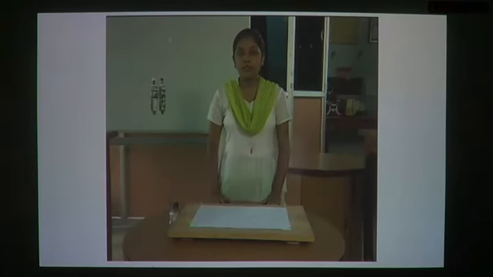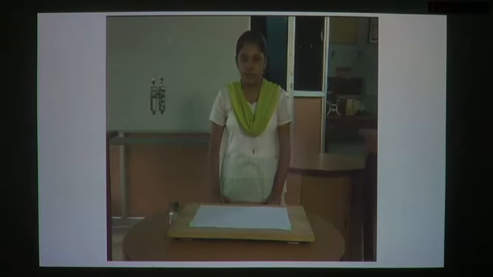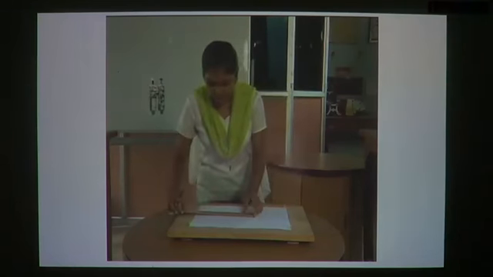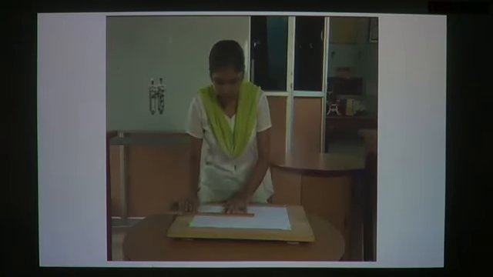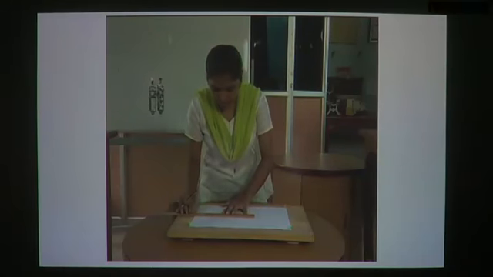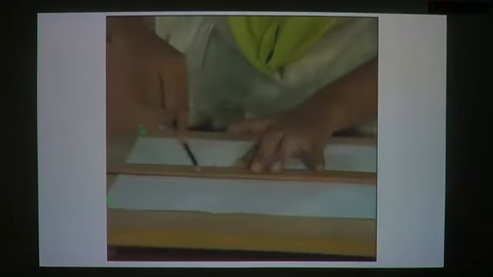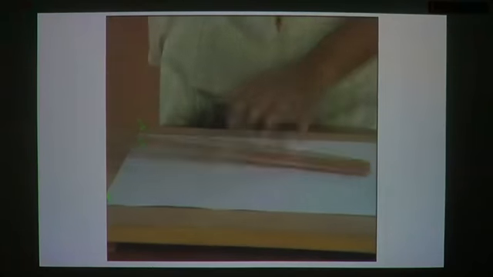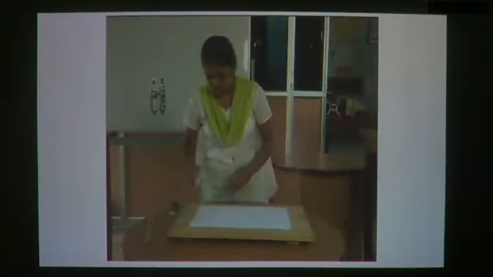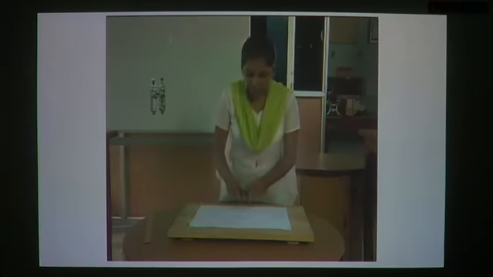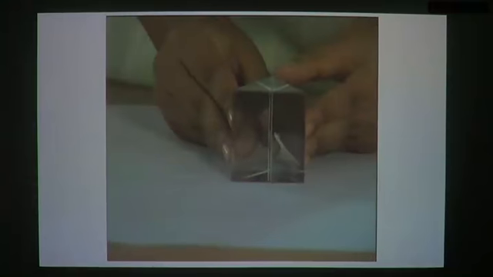Then the working procedure for measurement of the angle of minimum deviation of the prism. For that, first draw a straight line in the middle of the paper covering the whole page. Then put the base of the prism on the straight line.